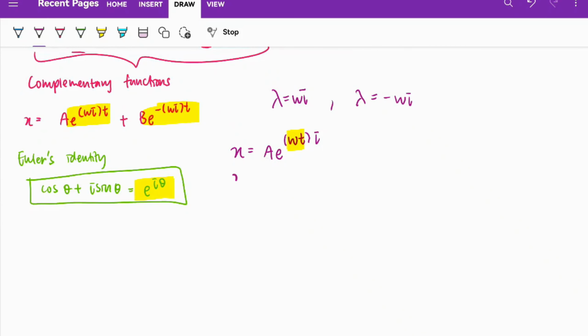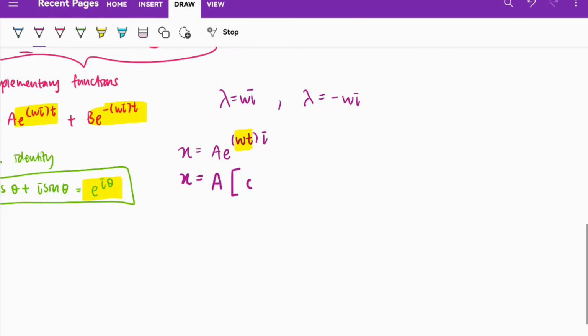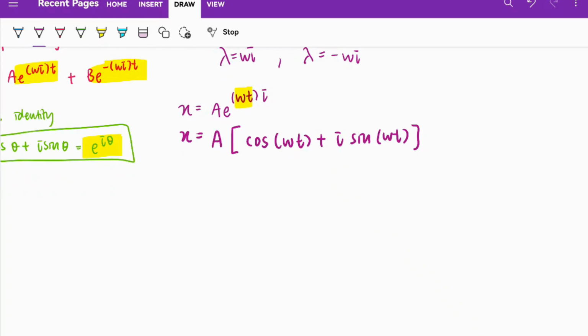So x is equal to A, I'm going to open a big bracket here, A times cos omega t plus i sine omega t. Okay, this is our first one. Then we also have x equals A e to the negative omega t i. Our theta in this case is negative omega t.